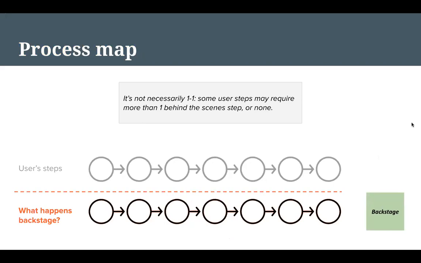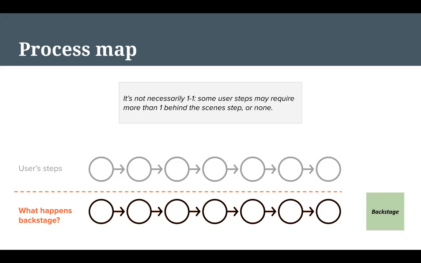So thinking about the process map, now that we have these user steps, generally I think it's a good call to map out how you see the user journey first, and then move to the backstage. You can essentially do this concurrently, but it's easier if you have one in mind and then move into the next.